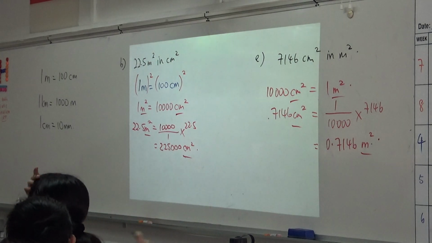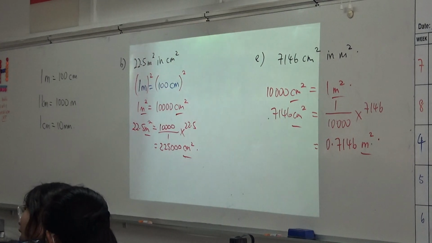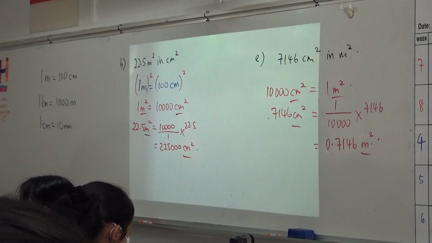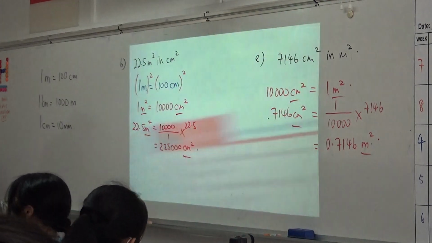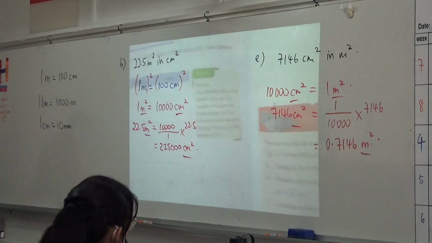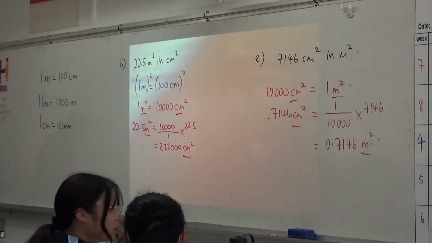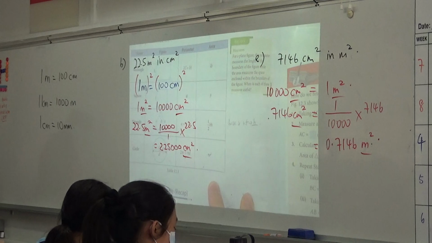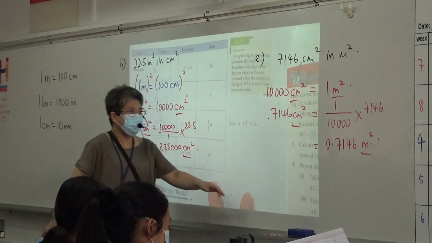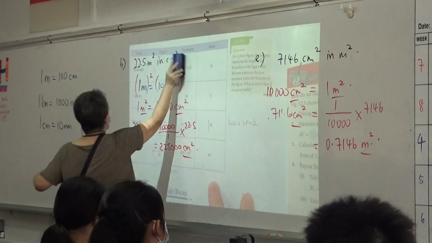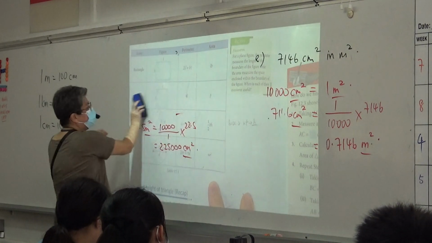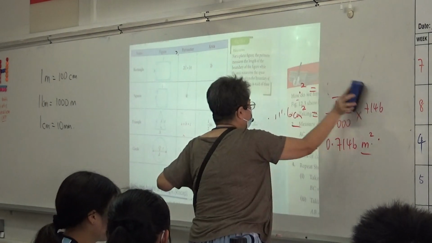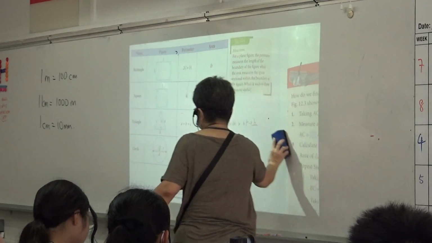Now, next, can you turn to page 146? We have some basic shapes here. I'm going to show you what it means. I know some people are very good with this from primary school, but you still need to know the basics here. These are the basic shapes.